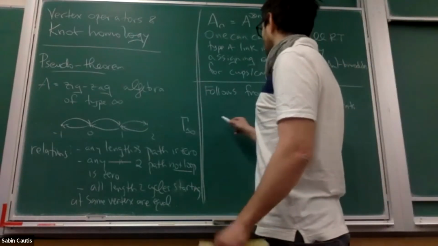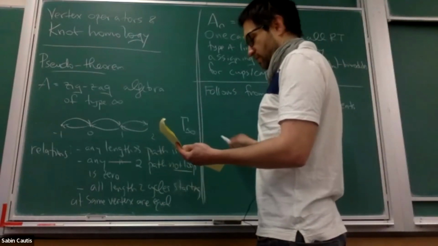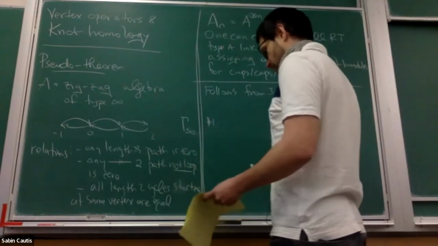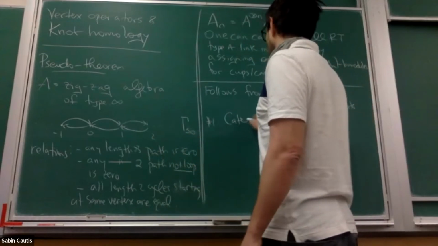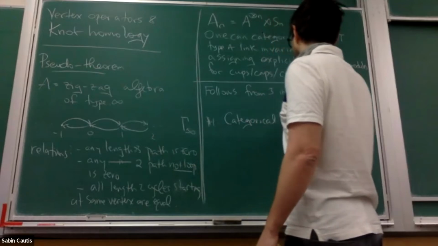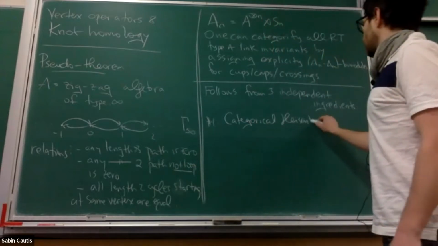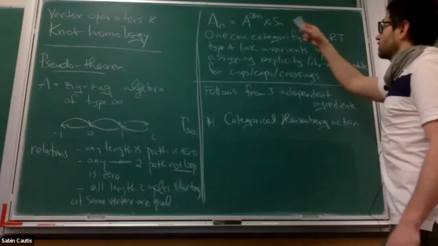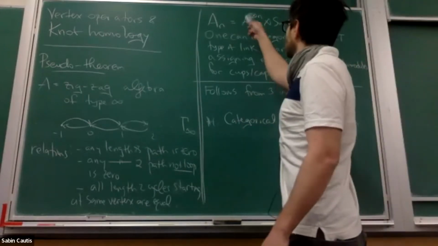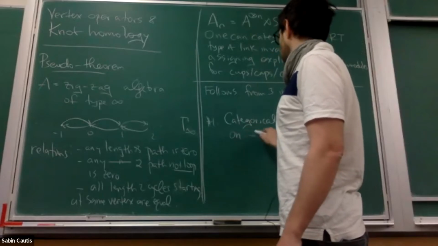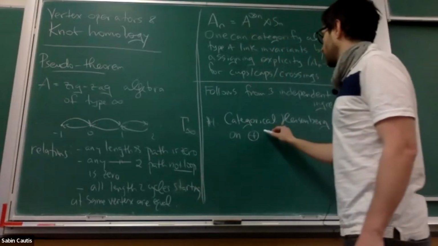So the three ingredients are the following, and make sure I get them in the right order. The first one is a Heisenberg action, more specifically a categorical Heisenberg action on the direct sum of module categories over these guys.